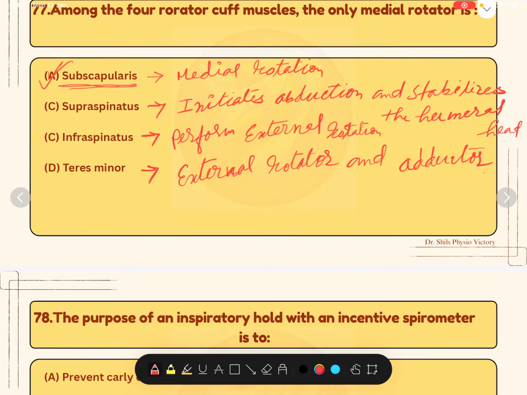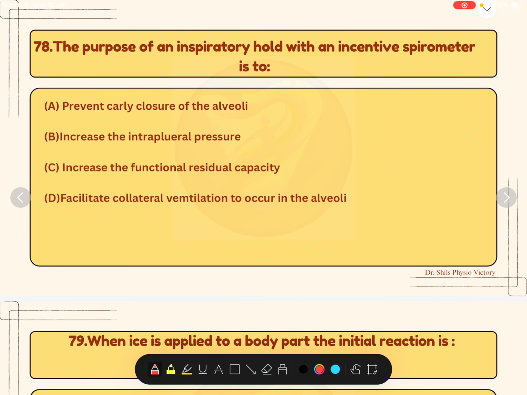Next, come to question number 78. The purpose of an inspiratory hold with an incentive spirometry is to option A, prevent early closure of the alveoli, option B, increase the intrapleural pressure, option C, increase the functional residual capacity, option D, facilitate collateral ventilation to occur in the alveoli.